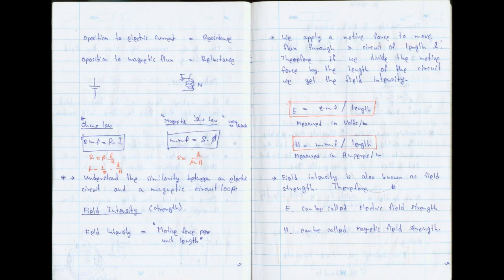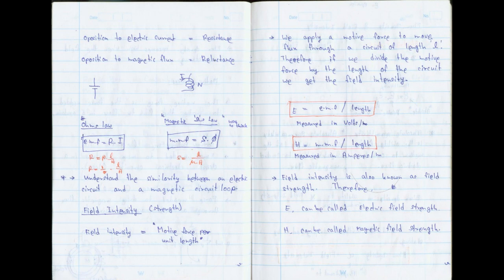We will define one more term now, which is called field intensity. So write a new heading called field intensity. Field intensity means motive force per unit length.